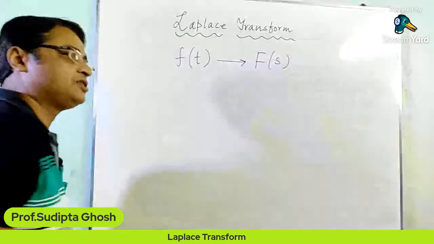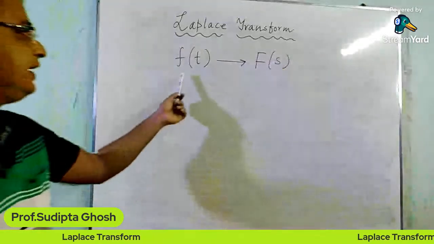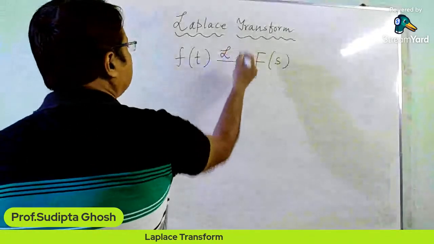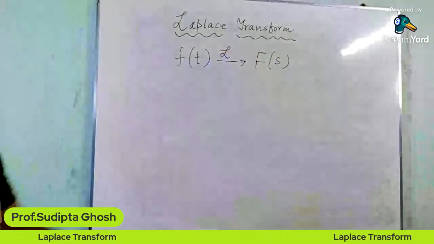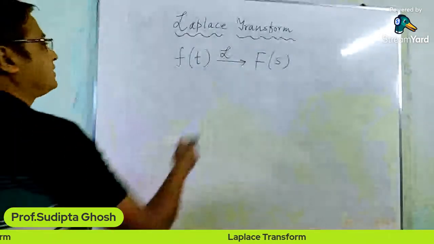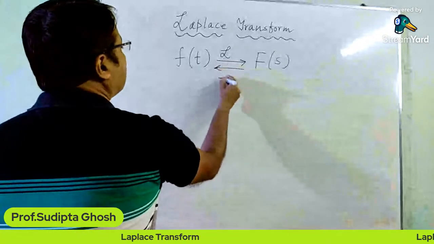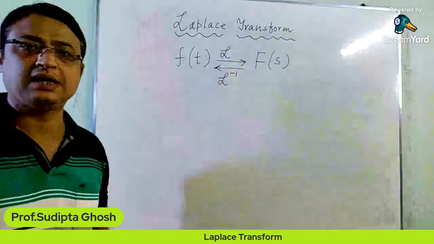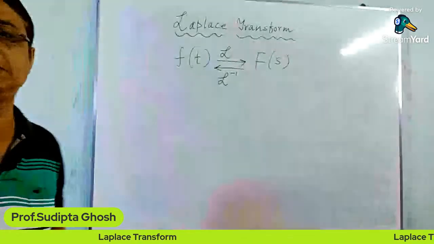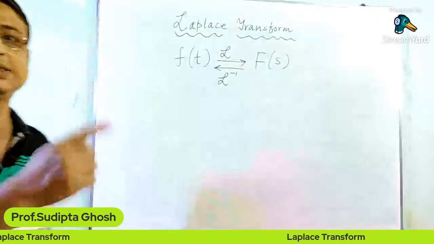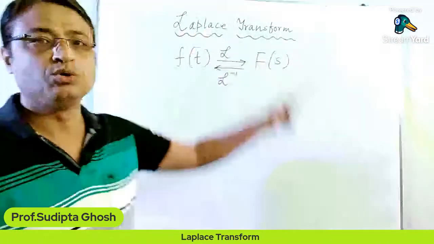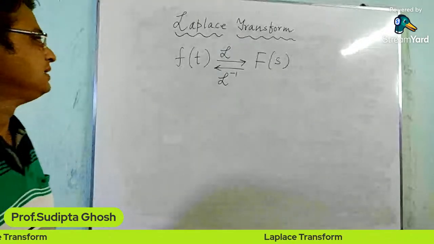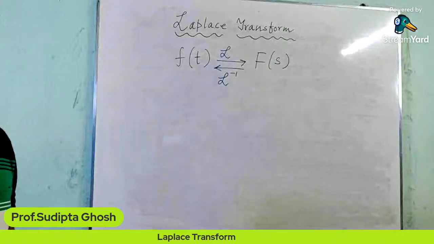Here s is the frequency domain variable, so f(t) can be converted to F(s) by using the Laplace transformation, or you can convert this frequency domain function to its time domain function by using the inverse Laplace transform. So this is the inverse Laplace, this is the Laplace, and the symbol is just a capital L in cursive manner. I have already written today's topic in this cursive form just to give you a visualization that this is nothing but the cursive form of capital L.